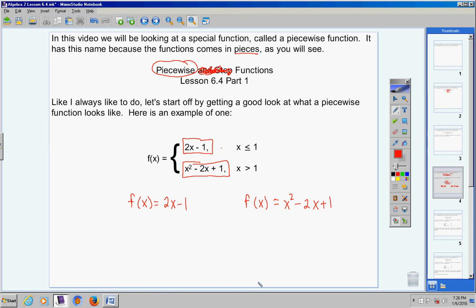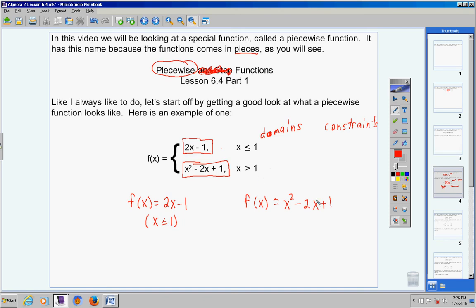Okay? So, now what are these here? Well, these are domains, if you want to make note of that in your notes. They are domains. Or we also call them constraints. Either one of those would be accepted mathematical terms to use. Okay? Now, notice the constraint for this function is x is less than or equal to 1.